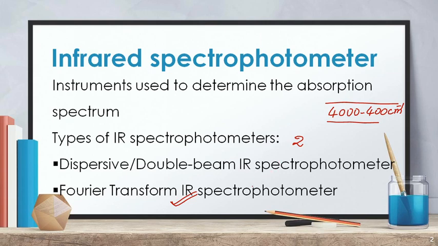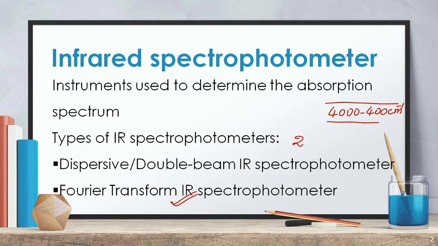That means of these two techniques, the modern technique and the best choice is the Fourier transform IR spectrophotometer because of its signal to noise ratio, which is very important in the determination of the structure of an organic compound. The improved signal to noise ratio is available with FTIR. So that's why this instrument is the better choice for obtaining IR spectra.